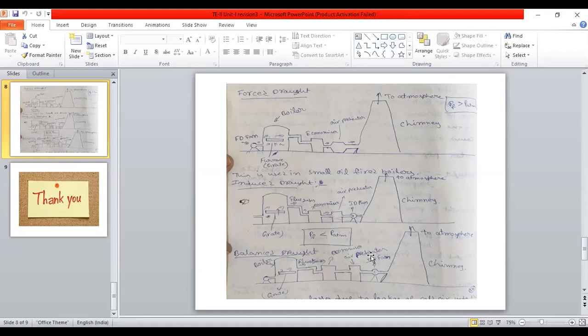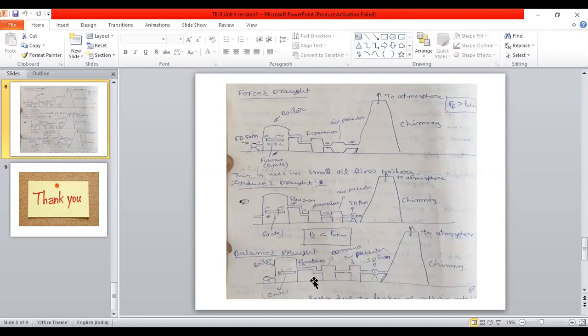And the next one is the balanced draught. Here we are fixing the forced fan before the furnace and the induced fan before the chimney. Sufficient air is supplied to the furnace, and the induced fan ensures that the hot gases built up in the furnace are sucked and sent to the chimney.